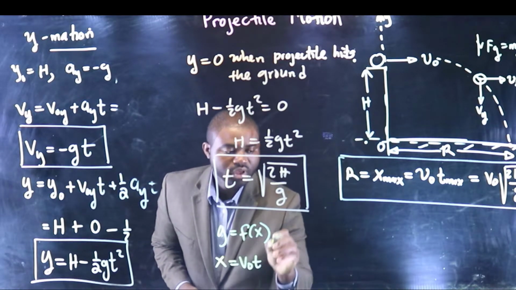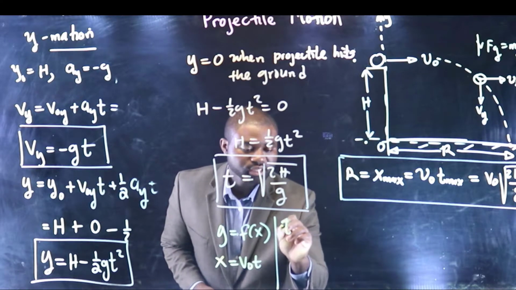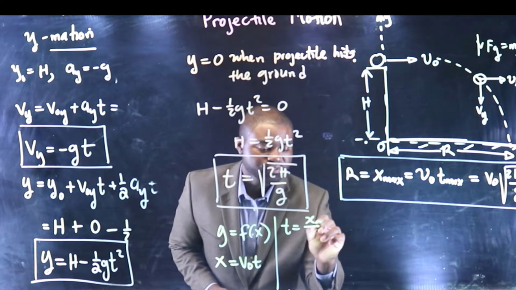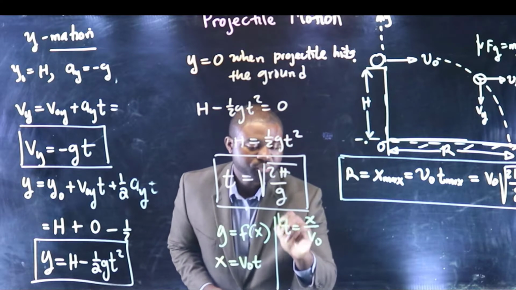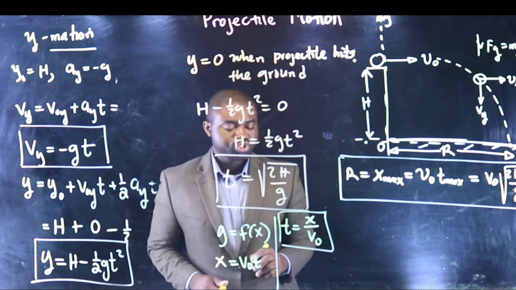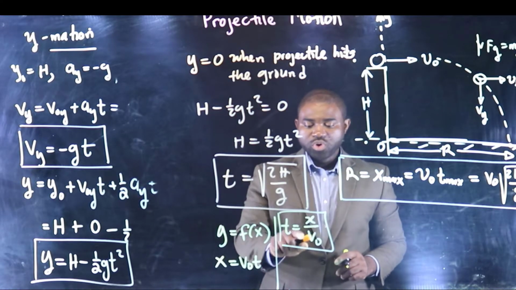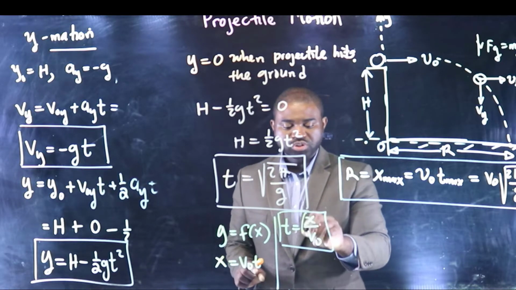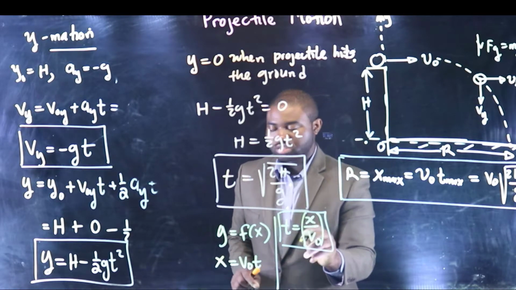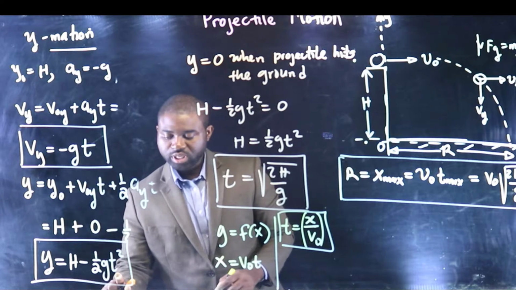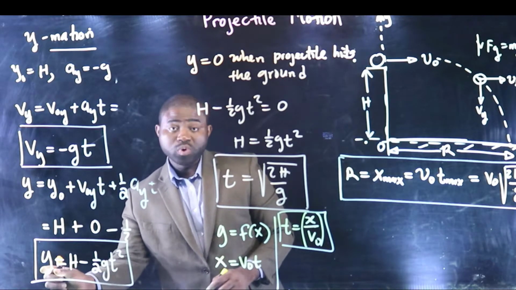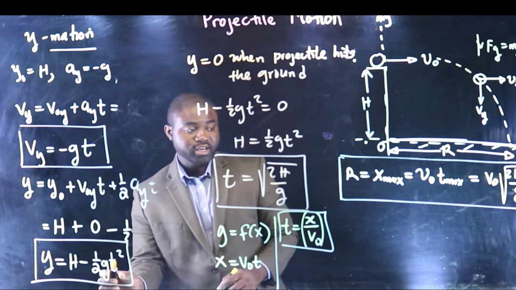And that can be fun to see because we know that x is equal to v naught t. This would mean that t is equal to x divided by v naught. And if this is true, that would mean that we can take this expression for t and substitute that expression here to express y as a function of x.